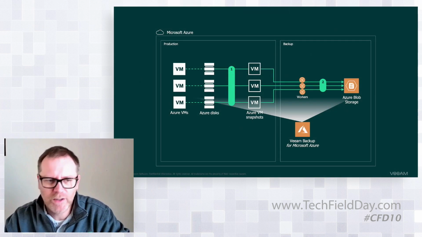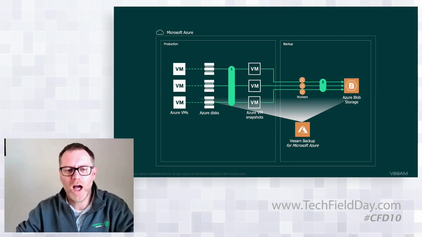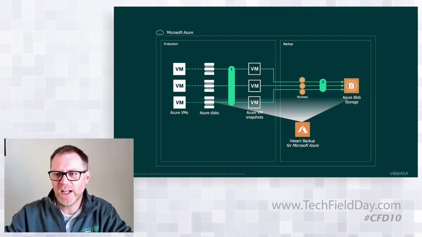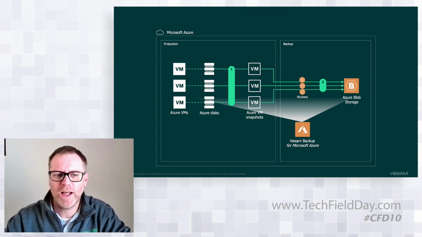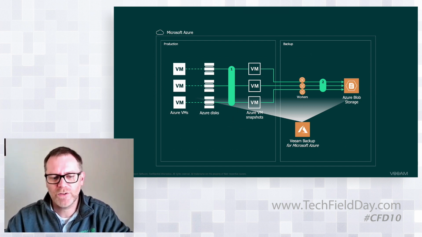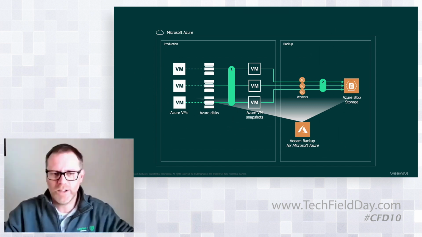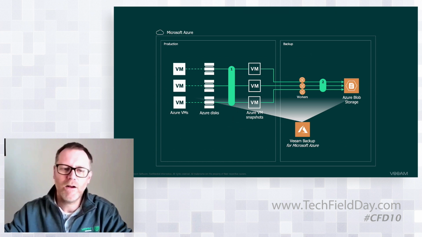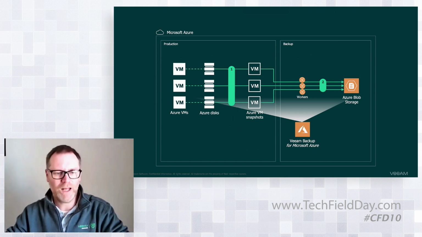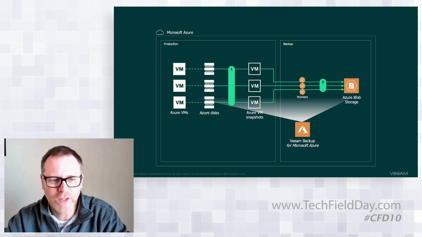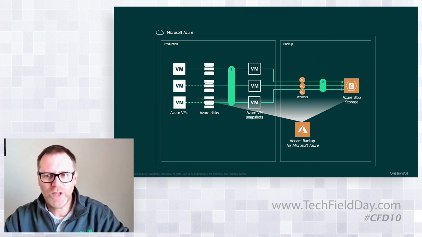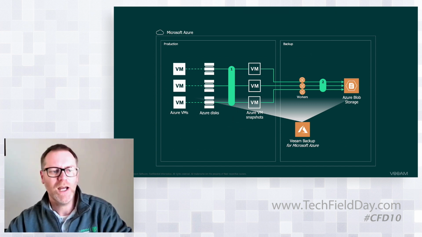Moving on, from a Microsoft Azure perspective, everything from an architecture perspective is exactly the same. When I talk about the modular components and how they fit together and integrate, everything we do is designed to work in the same manner across all the different platforms. So from a Veeam Backup for Microsoft Azure perspective, again, we protect things like Azure VMs and Azure disks.